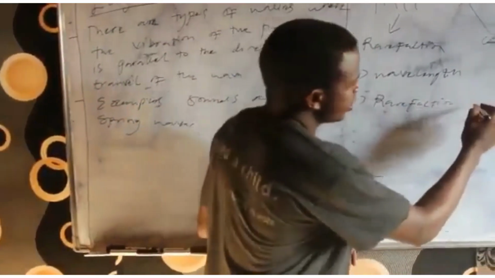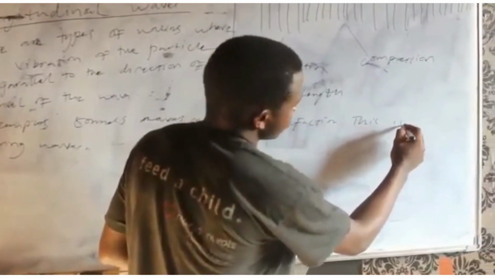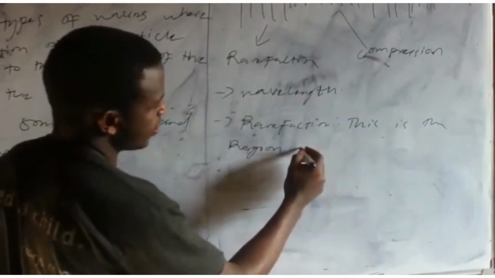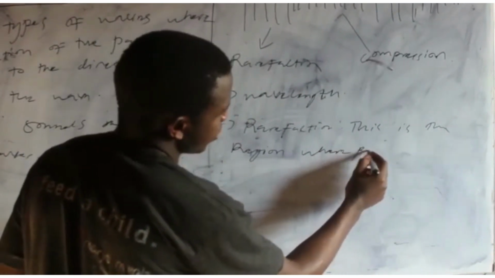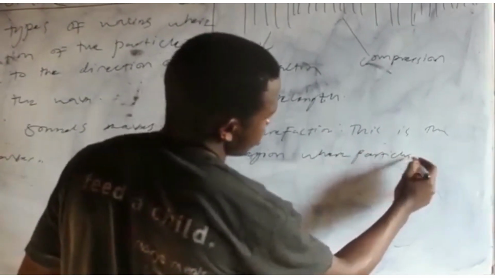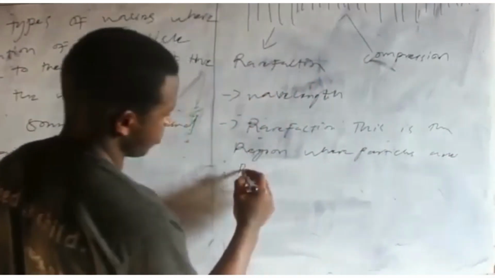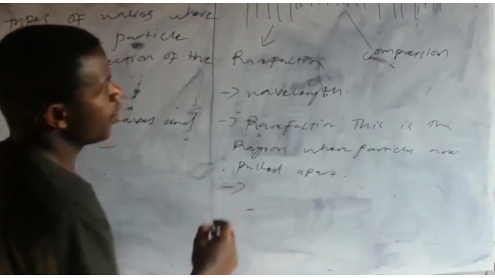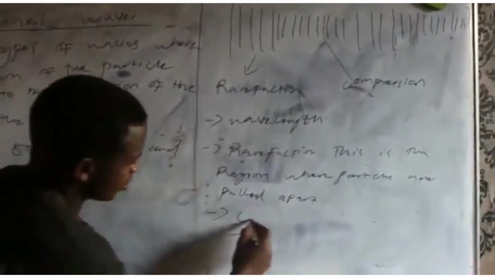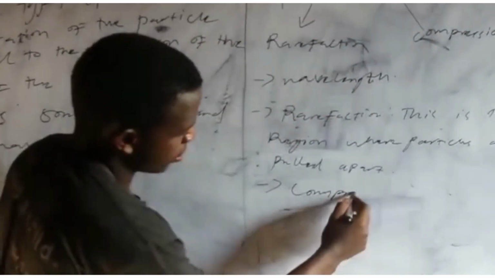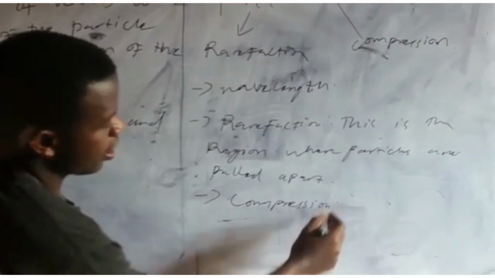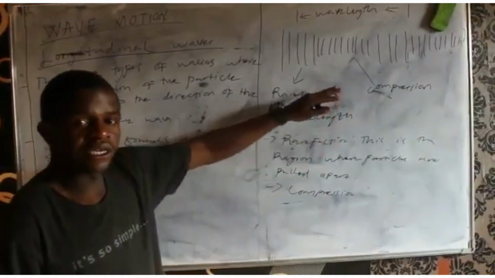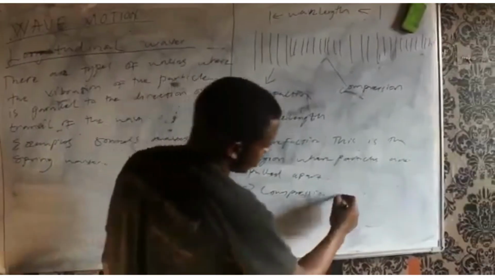So this is the region where particles are pulled apart. Then we also have the compression. The compression is defined as the region where the particles are closer together.